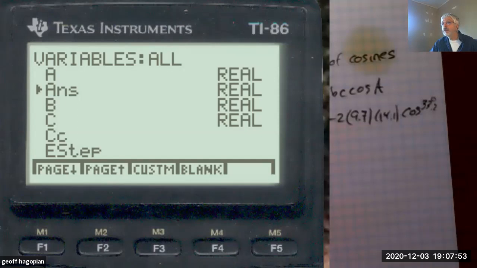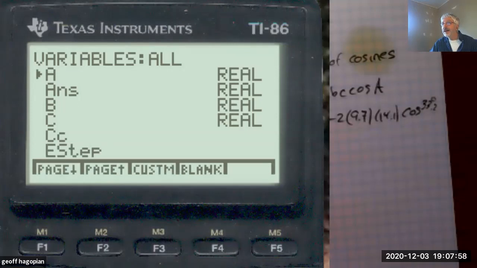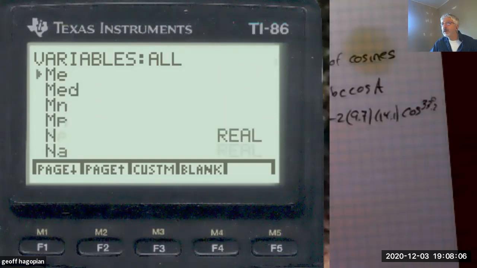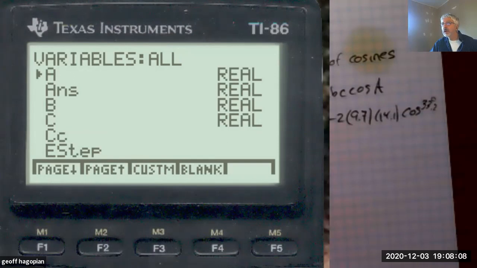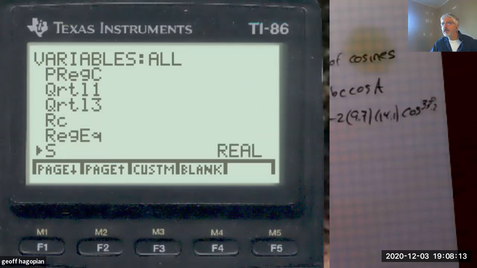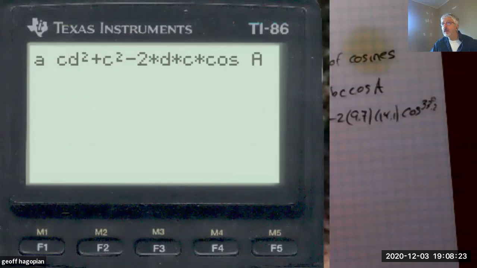Okay, there's nothing there. So I guess capital A and capital B are currently being used for real numbers, and I think they're at my disposal. But are there other variables that we can't use? So A, B, C. Oh, it looks like C is being used, right? What is C? All right, let's just not bother.